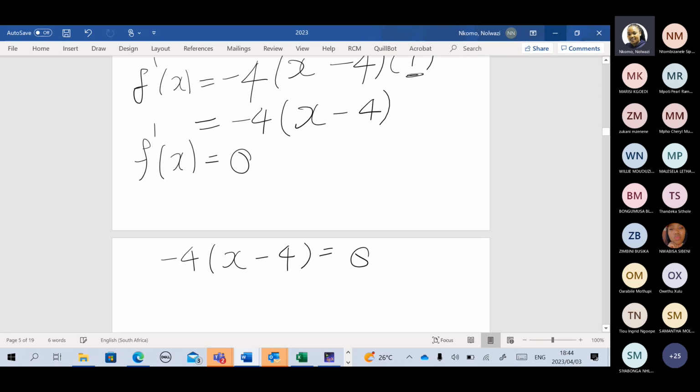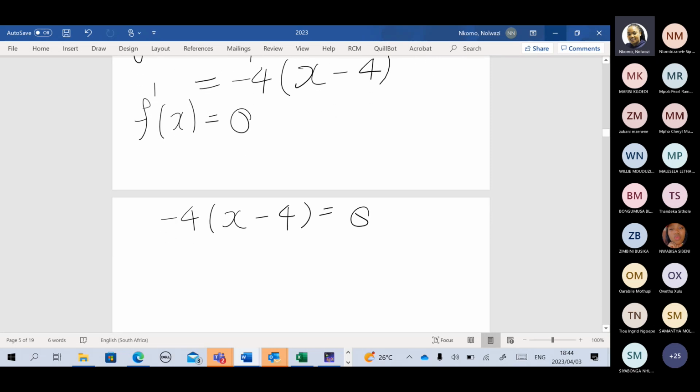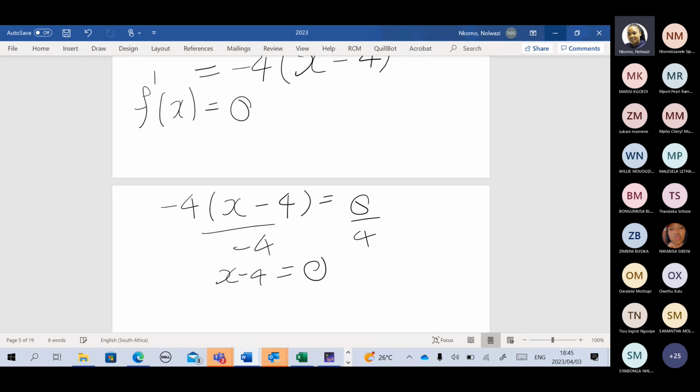Remember, the reason we equate this to 0 is to find the stationary point, which is the x value here. We divide by minus 4 on both sides, and you'll be left with x minus 4 equals 0, because 0 divided by 4 is 0.